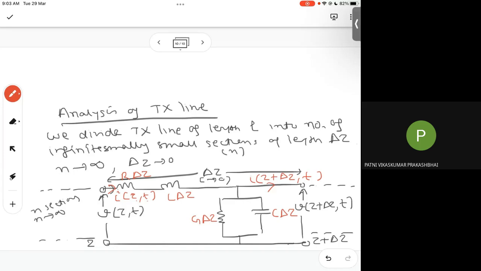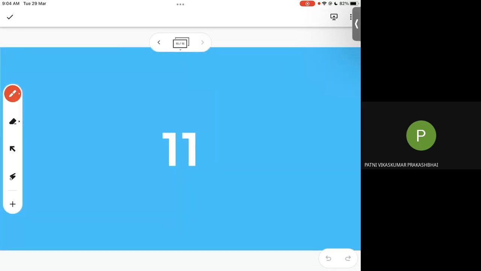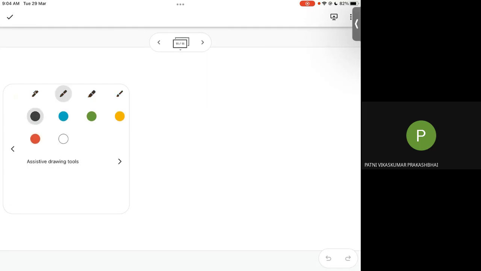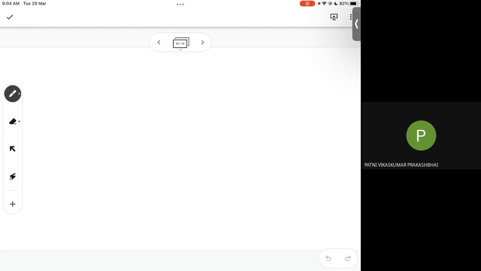So this becomes L delta Z. This becomes R delta Z. As I told you, R has the units of ohms per unit length.